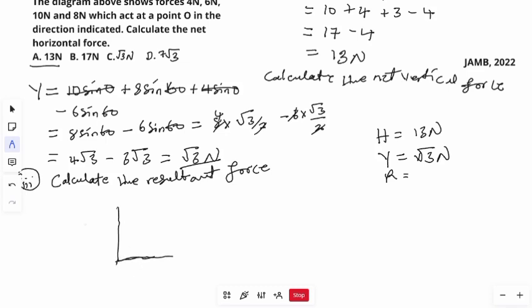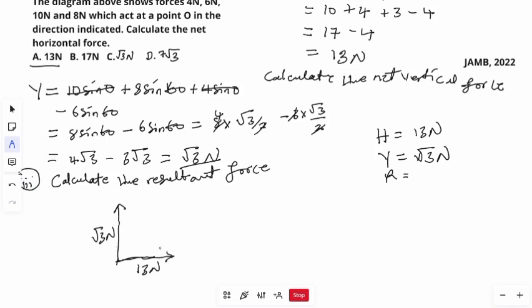We draw this triangle where the horizontal axis represents H. We label it 13 Newton, and then the vertical is root 3 Newton. So the total vertical force is root 3 Newton.